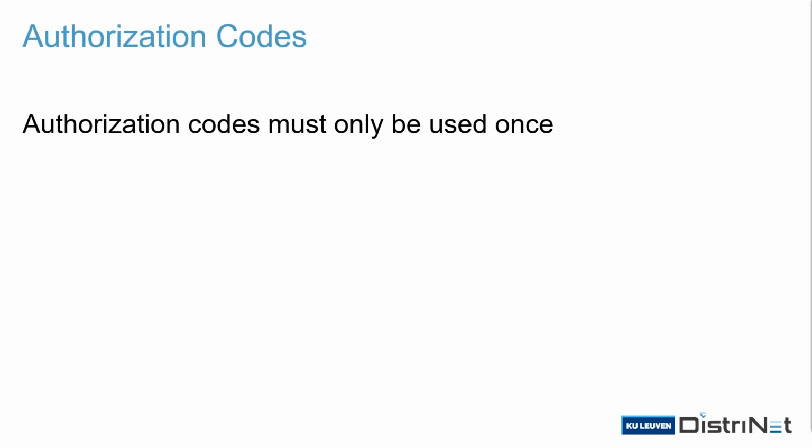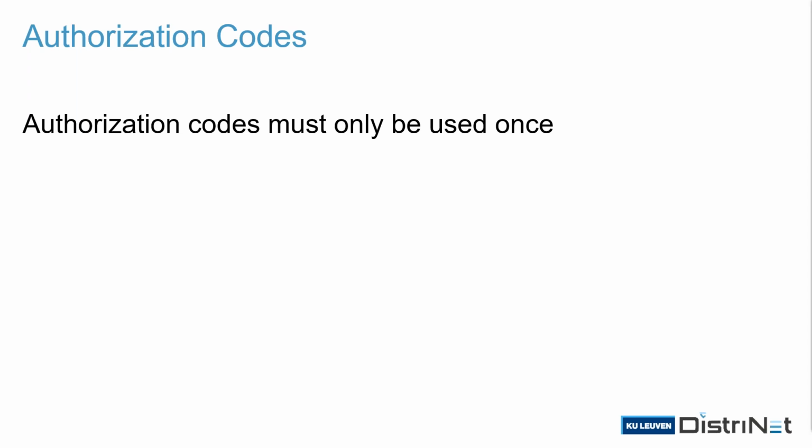As you all know, when using the authorization code grant, the authorization server generates an authorization code, which can then be exchanged for an access token. Of course, an important requirement is that the authorization codes can only be used once. If it is used a second time, it can be assumed that the authorization code was leaked and the request must not be allowed.